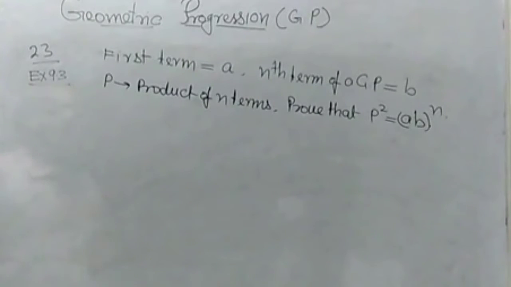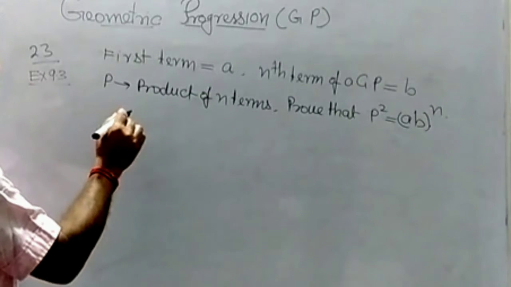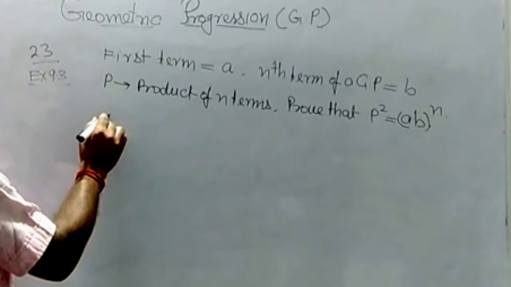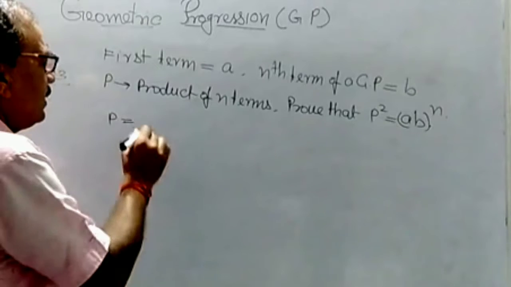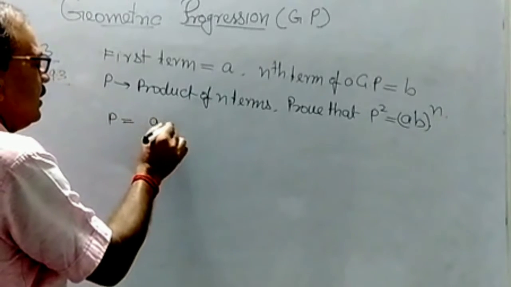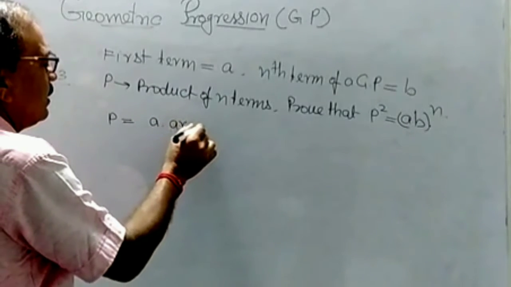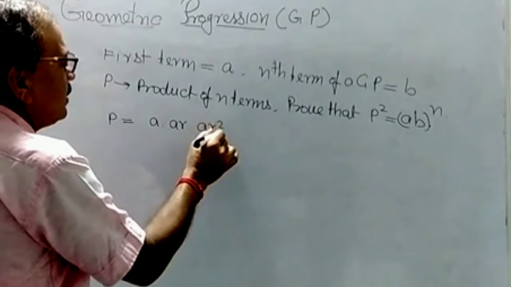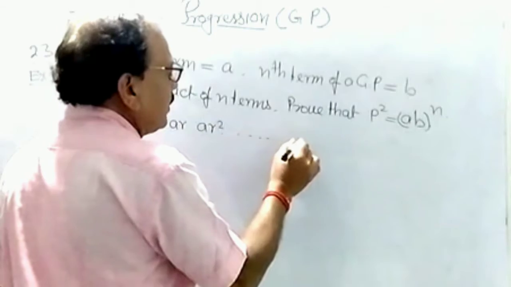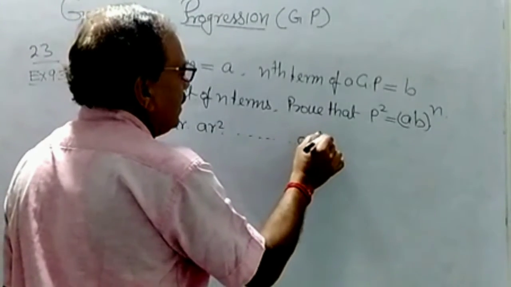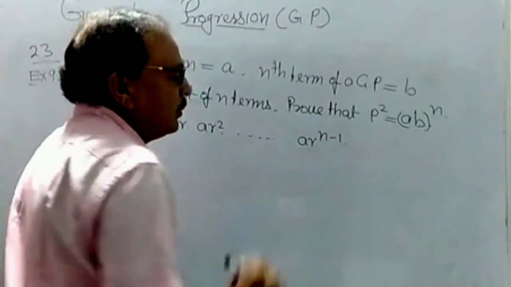P is the product of n terms. P is given as the product of n terms: A, AR, AR square, and so on, up to AR to the power n minus 1.